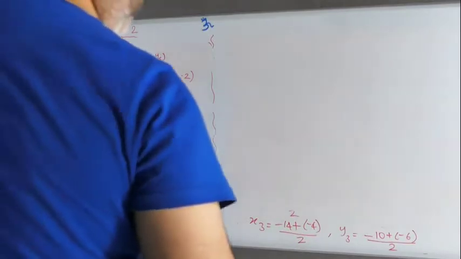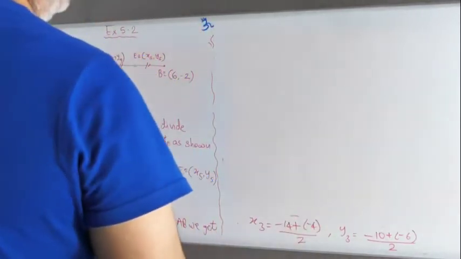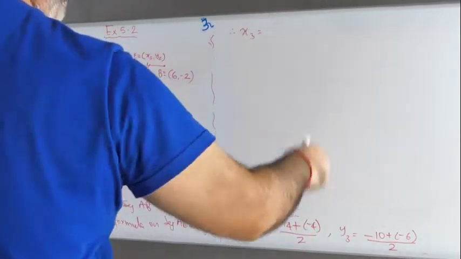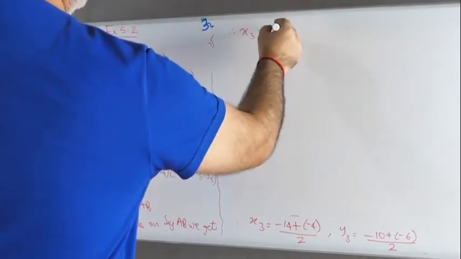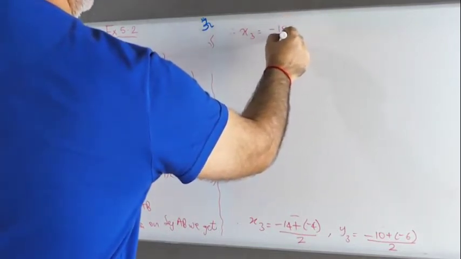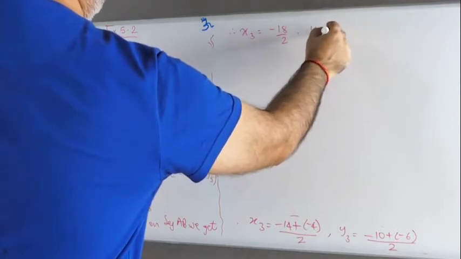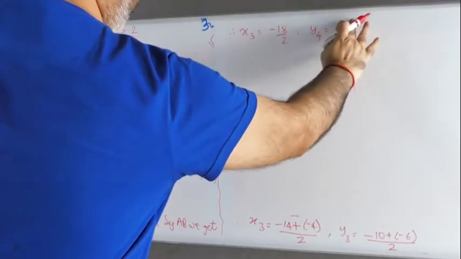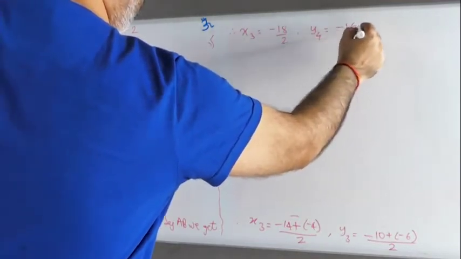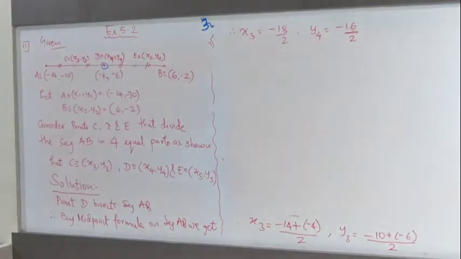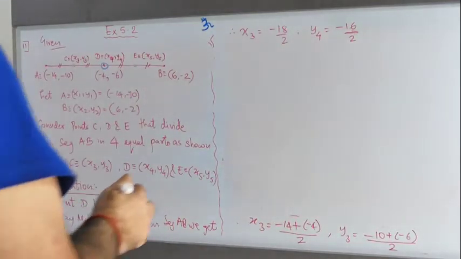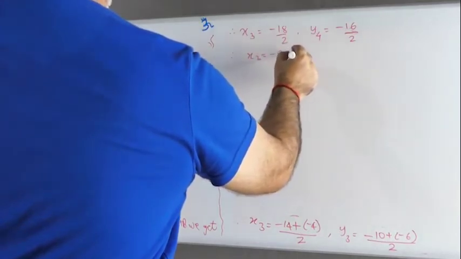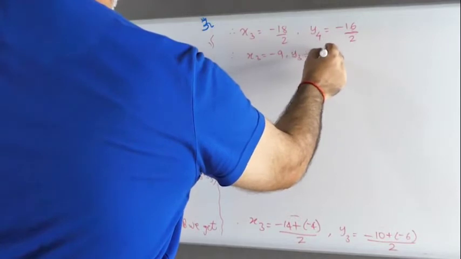Now I will substitute. I will start doing the problem further now. So x3 equals minus 14 minus 4 gives me minus 18 upon 2. y3 is equal to minus 10 minus 6, that gives you minus 16 upon 2, and therefore you have x3 is equal to minus 9, y3 is equal to minus 8.